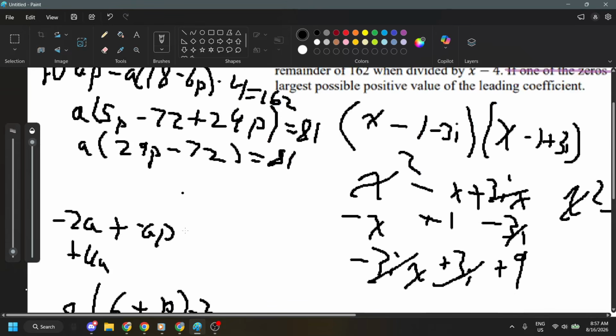Let's see. 29 times 2 is 58. 29 times 3 is 60 plus 27, which is 87.